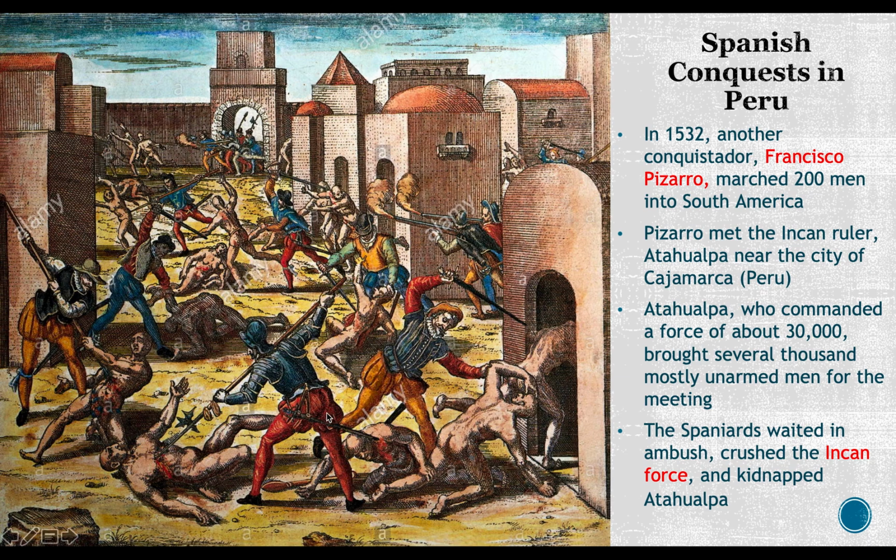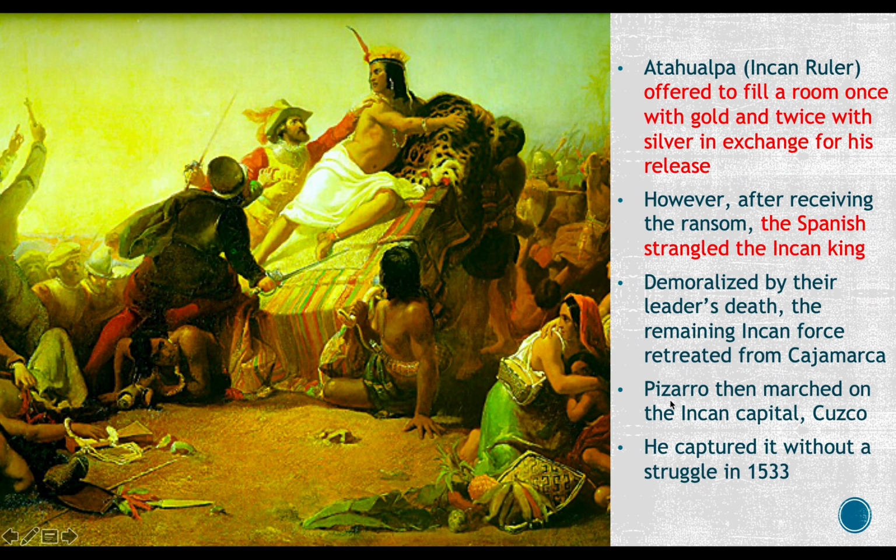That's, if you could see this photo right here. The Spaniards waited in ambush to crush the Inca force, and they captured the Inca ruler. So they're going to take him by force.